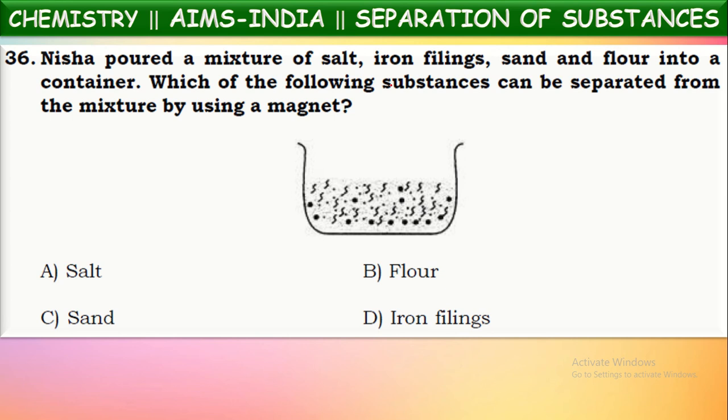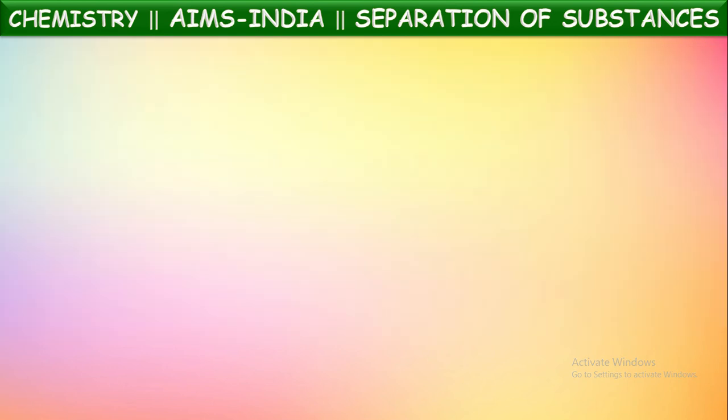We know iron filings are magnetic in nature, isn't it? Yes, because they will be attracted by the magnet. They will stick to the magnet. Now, if you use a magnet, all the iron filings will be separated. So, iron filings is the correct answer. Got it? Next one.